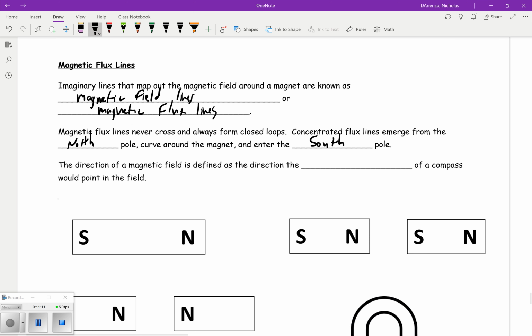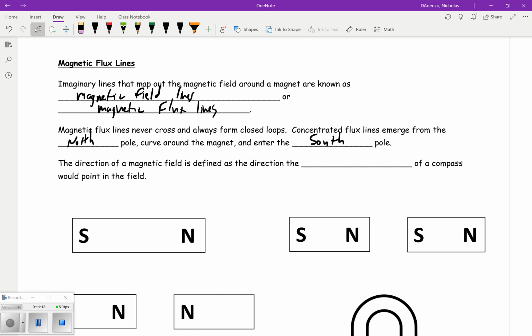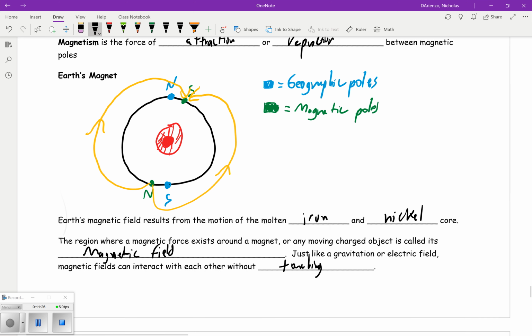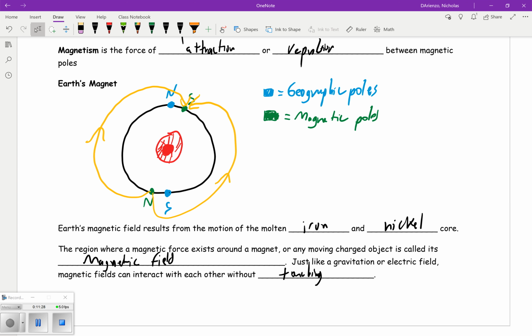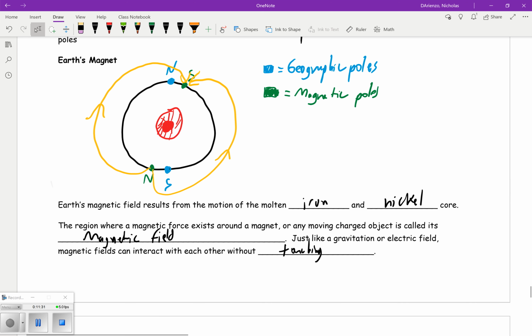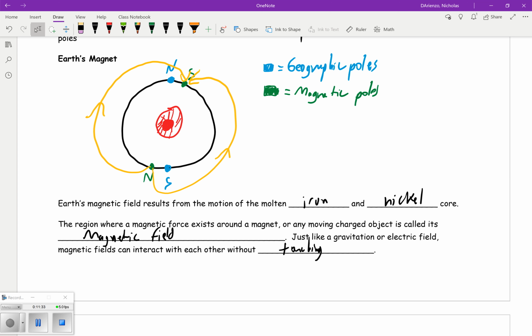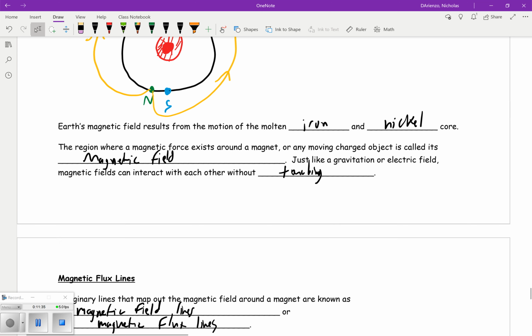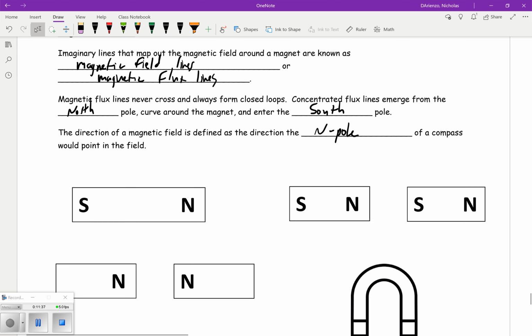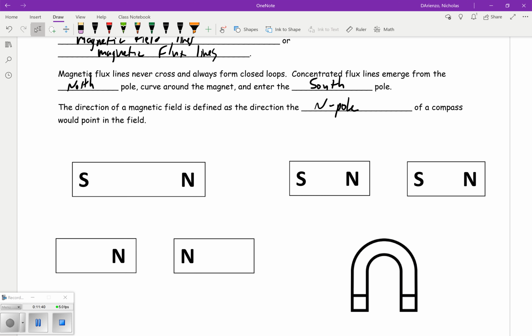Now, the direction of these lines, the direction of the magnetic field itself, and this is important to know, is defined as the direction that the north pole of a compass would point in the field. That's why we see up here that the south pole is at the geographic north, because the north pole of that magnet is going to point to the opposite pole, which would be the south pole, and therefore would lead us towards north if we were to actually use a compass to find direction.